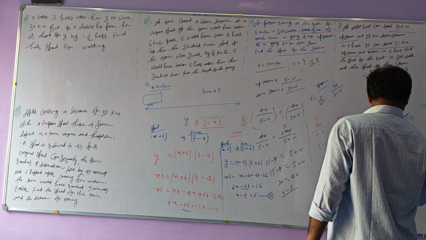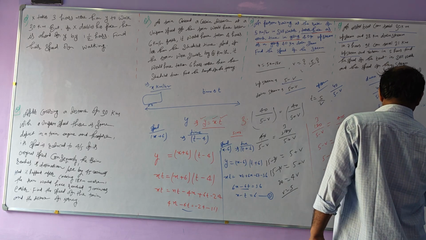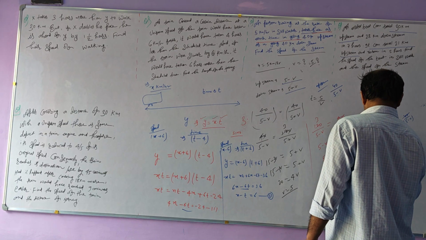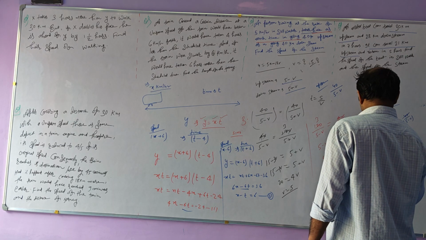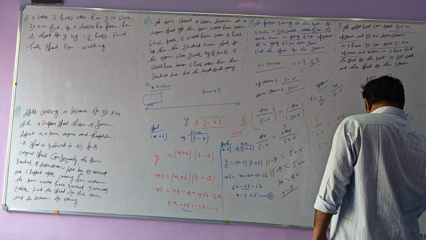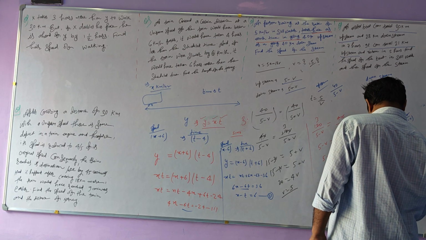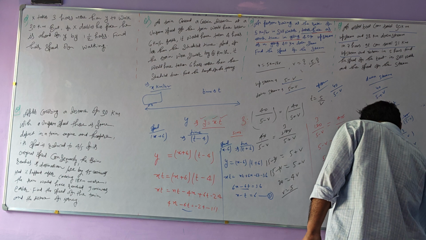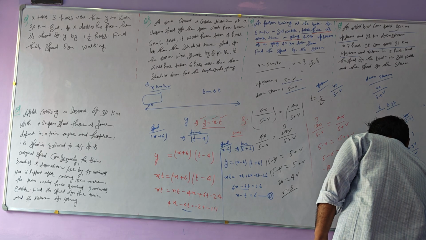Let us see again. 40 upon 5 plus b is equal to 40 upon 5 minus b multiplied by 3. The 40 cancels. 3 upon 5 plus b is equal to 1 upon 5 minus b. 15 minus 3b is equal to 5 plus b. 15 minus 5 is equal to b plus 3b.